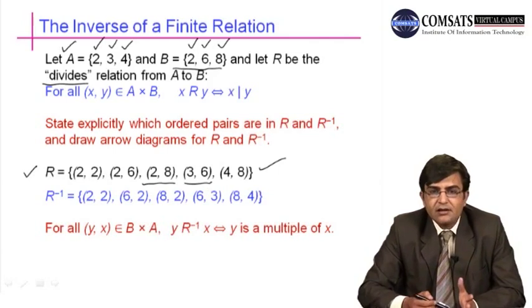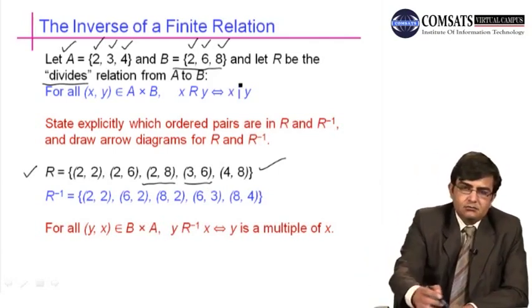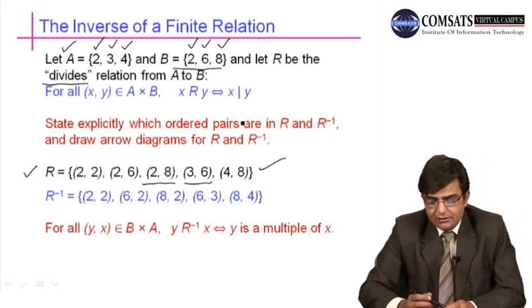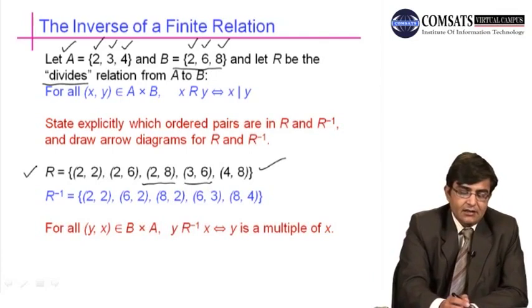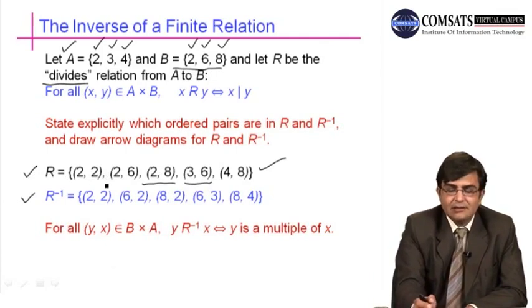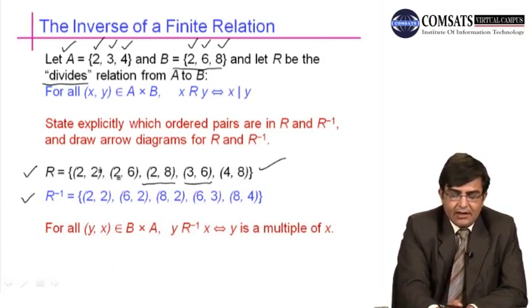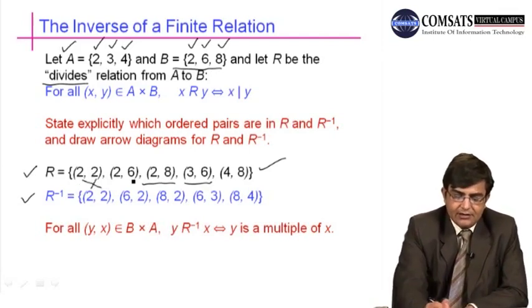Now how can we write R inverse? There are several methods. We can write R inverse directly by interchanging the placement of the elements in the ordered pairs in R. Here we write 6 here, 2 here.